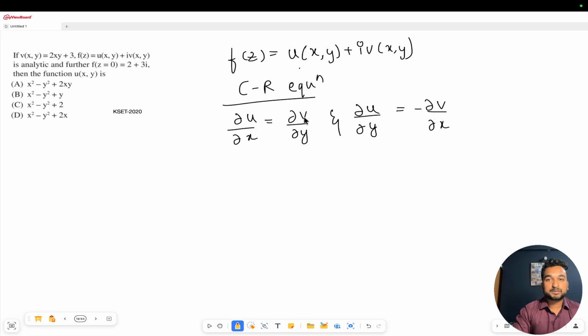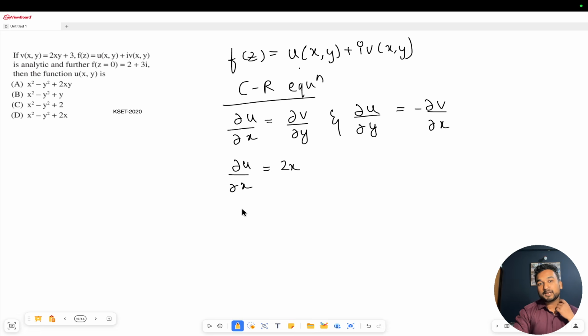Del u by del x is del v by del y. V is 2xy plus 3, so differentiation of v with respect to y will be 2x.